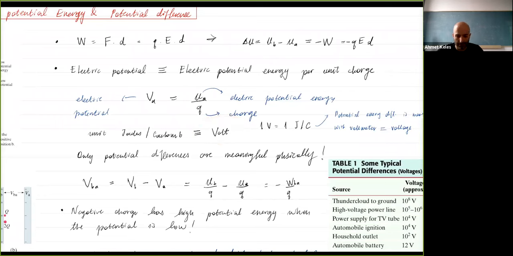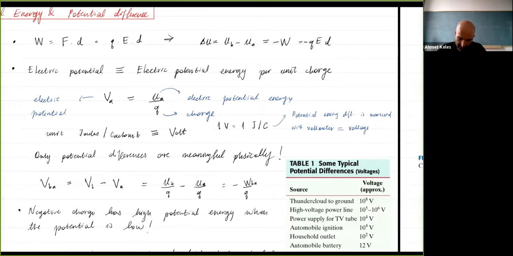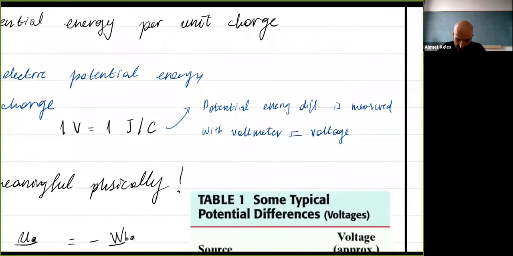So 1 volt is equal to 1 joule per Coulomb. Generally, when we are talking about potential differences, or maybe sometimes potential energy differences, we are measuring something with a voltmeter, and we call it the voltage. That's what it is.